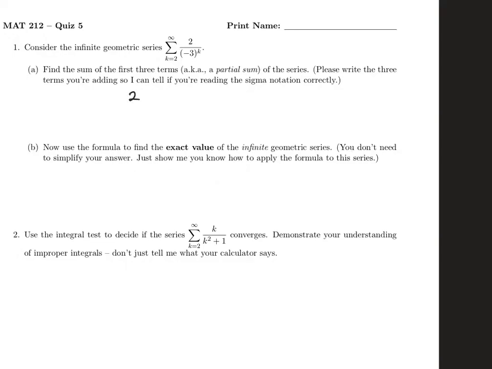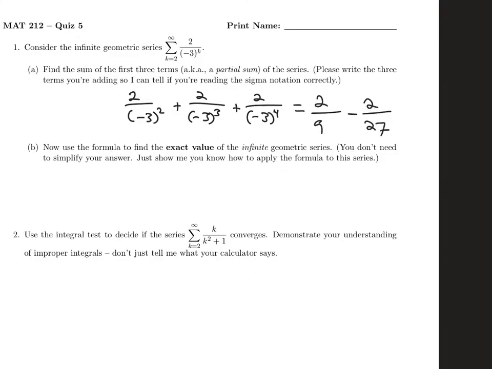But if we write out the first few terms of this, remember the exponent in the denominator means repeated multiplication, so negative 3 squared means negative 3 times negative 3, which we know is positive 9. In the next term, that'll be negative 27, and in the next term, positive 81 in the denominator. So whatever that comes out to be.